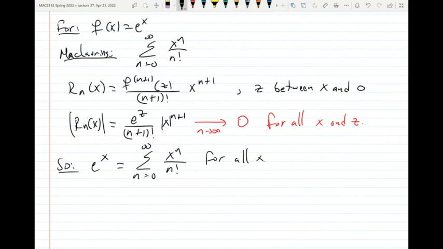Okay? So every time that you need it, when you have the function sine, cosine, or e to the x, if you want, you can replace them by this power series, by this McLaurin series, and then work with them.